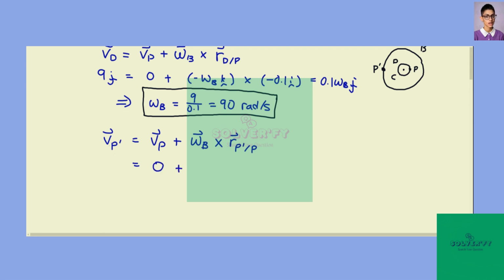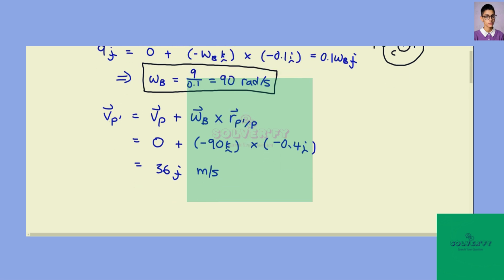Vp is 0, omega B is minus 90k, cross this Rp prime relative to P, which is minus 0.4i. So this is 36j meters per second.